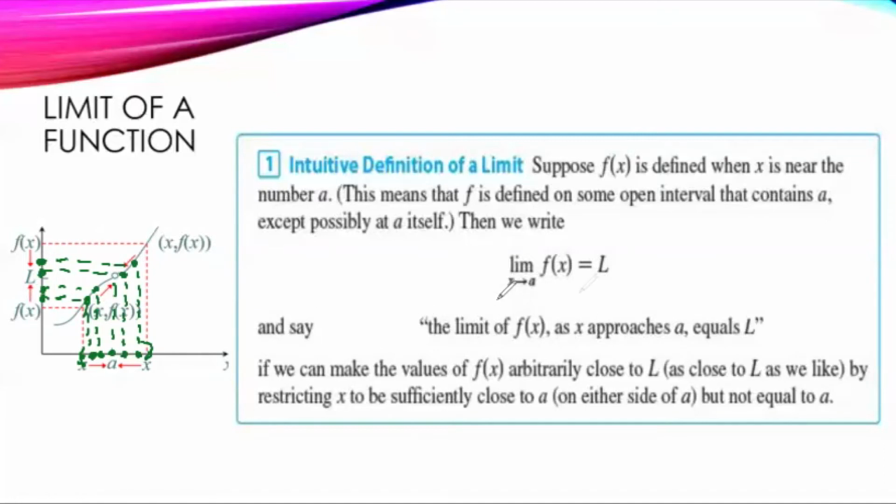Again, we read this as the limit of f of x. This is the graph of our f of x as x approaches a. So as x approaches a from the right and x approaches a from the left, the value equals L. Then that L is what we call the limit of the given function.